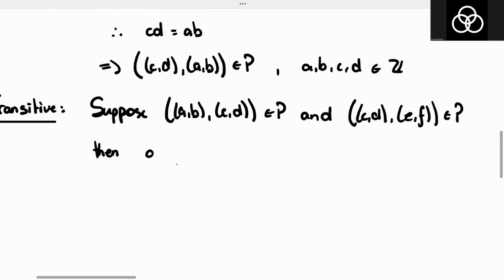First component times the second is equal to the third times the fourth, and first component times the second is equal to the third times the fourth.